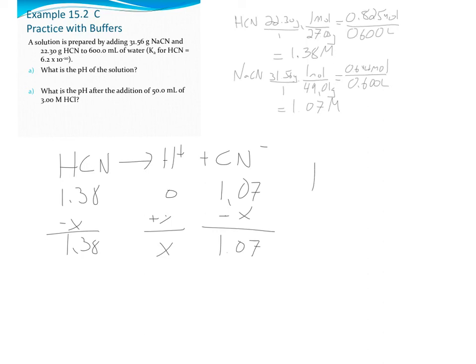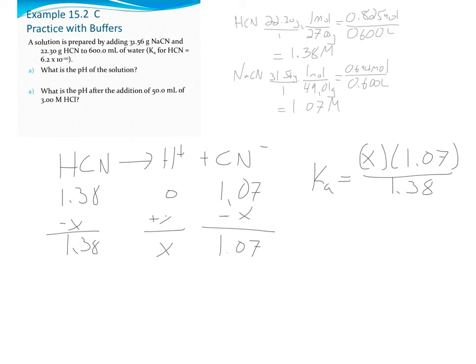So when we plug them into the K expression, we get Ka equals, and you can skip that. You can just go right down to the bottom here. You know that the hydrogen's X and those other two aren't going to change. There's no need to really show that. X times 1.07 over 1.38. We have the Ka expression in the problem.